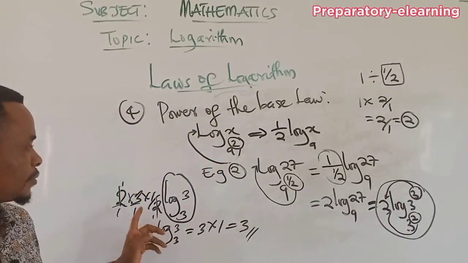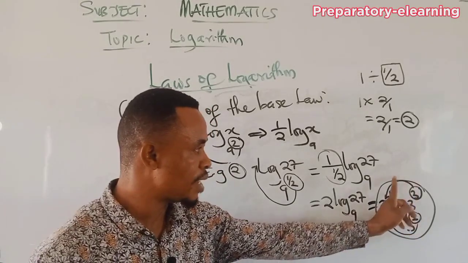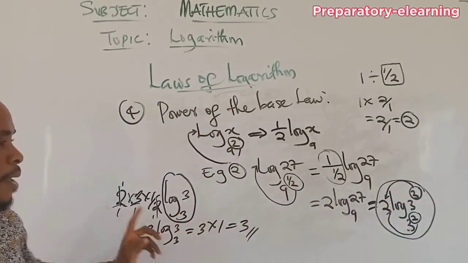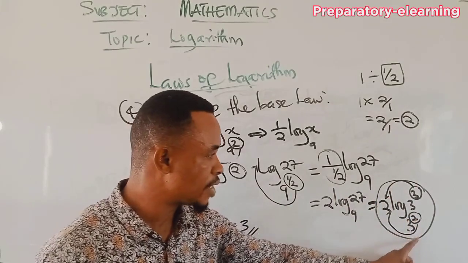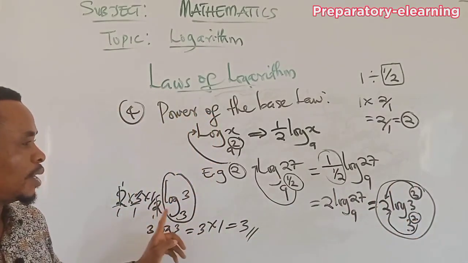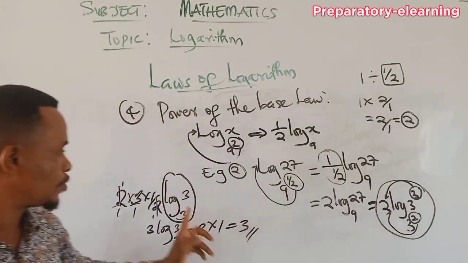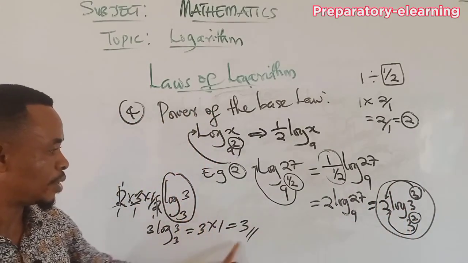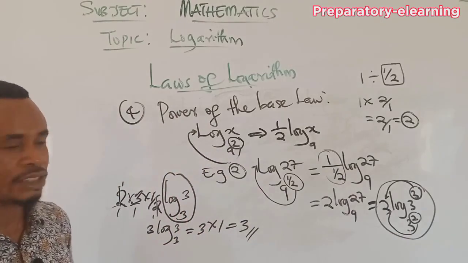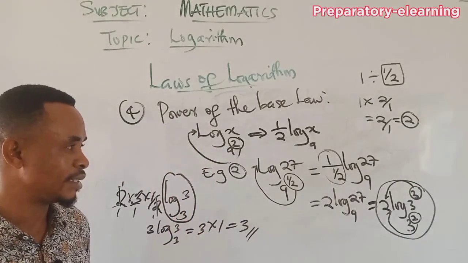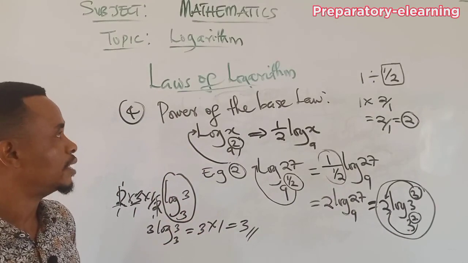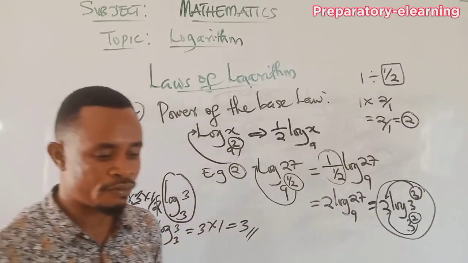For 3, as it is coming here, it's coming exactly as 3. But for this 2, it is coming as 1 over 2. Now log 3 base 3. You know log 3 base 3 is 1. Multiply, you have your answer as 3. And I hope that is highly simplified. So let's move to another law of logarithm.